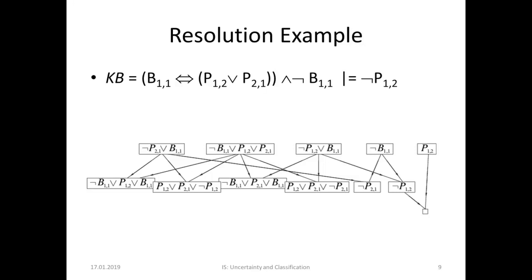And then basically you end up with more clauses. So we've now extended the set of clauses. And we find here a clause which says not P12, and we have the original clause P12. And now comes the trick: if we apply the rule of resolution here, we add everything of this clause apart from the one that is resolved away, which is nothing.